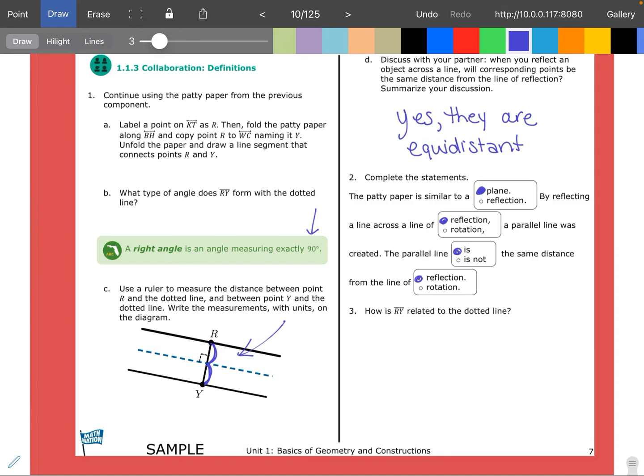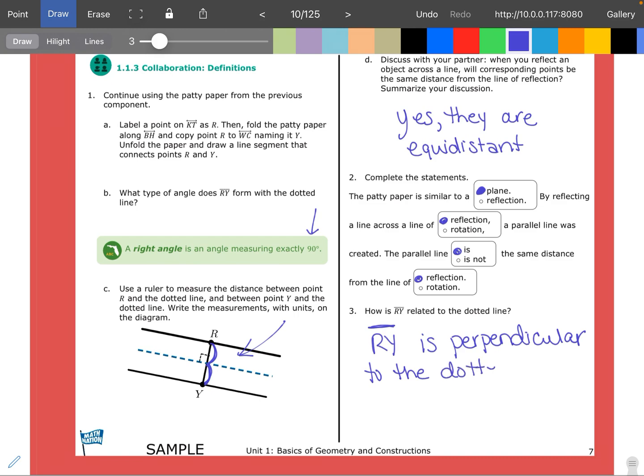How is line RY related to the dotted line? Well, segment RY, so here's how you write a segment, there are no arrowheads on it. Segment RY is perpendicular to the dotted line.